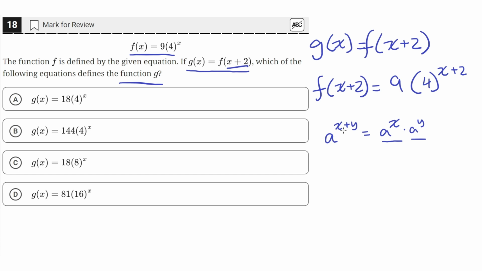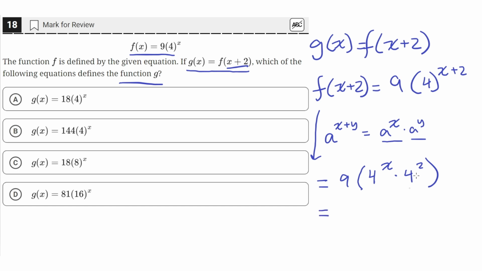So we can use that property to simplify this down. So we'll just split the 9 times 4 into two different terms. So 4 raised to the x times 4 raised to the 2. But it would still be multiplying with 9, since we're raising the 4 to this power, not the 9.